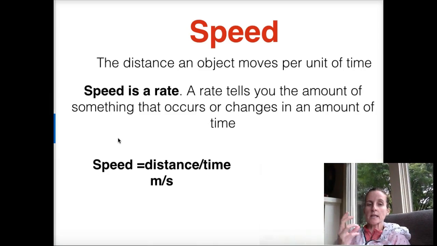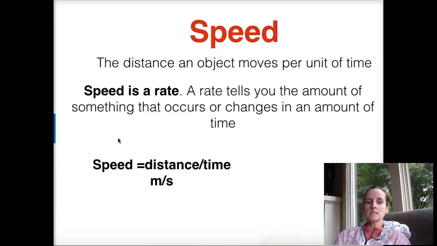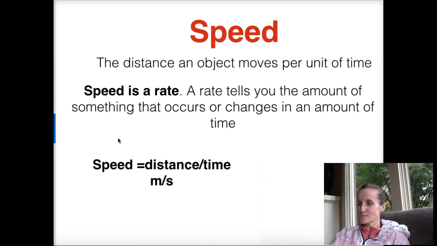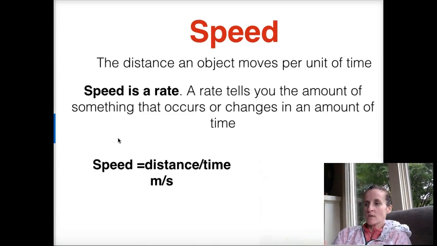We say that speed is a rate, and we're going to deal a lot with rates this year. A rate tells you the amount that something occurs or changes in a specific amount of time. So we're not just saying you moved 10 meters. Okay, that might tell me your distance, but it doesn't tell me your speed, because I need to know how fast you did it, how much distance you covered in a specific unit of time, and that gives us our rate.